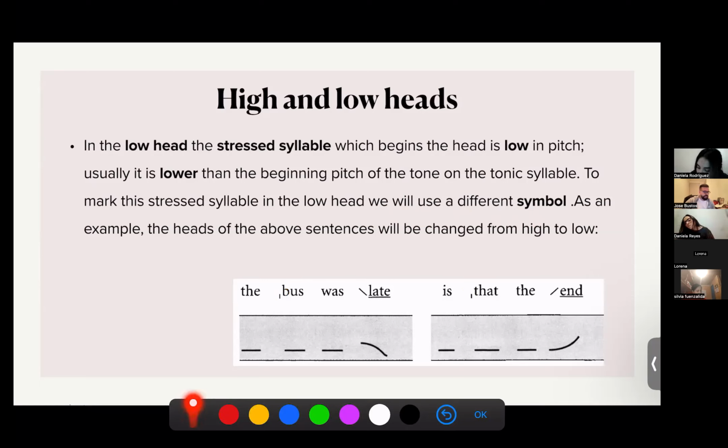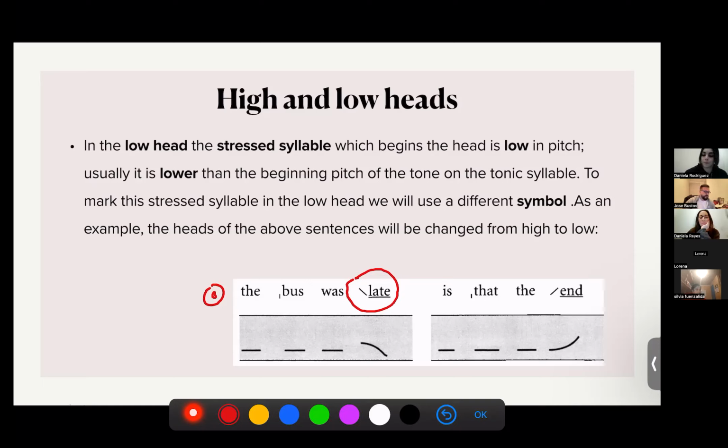Now, let's pay attention to this example. In example 1, what is the tonic syllable? Late. What is the tone in that tonic syllable? Fall. Very good. Now, where does the head begin?